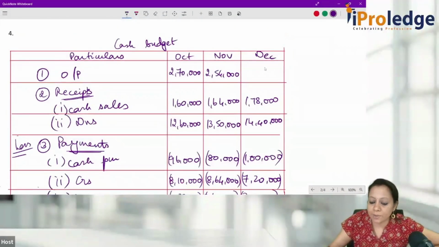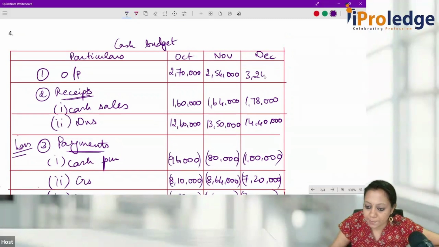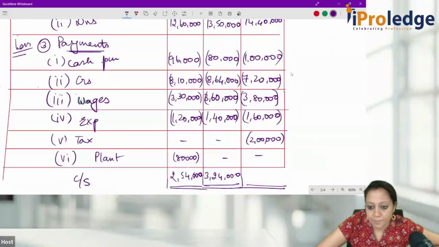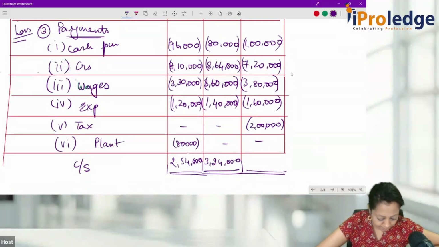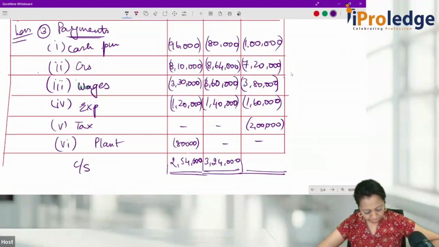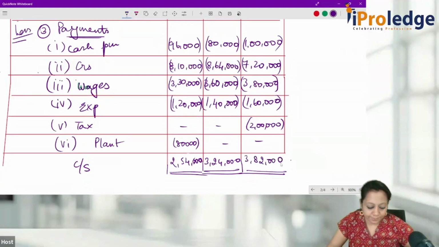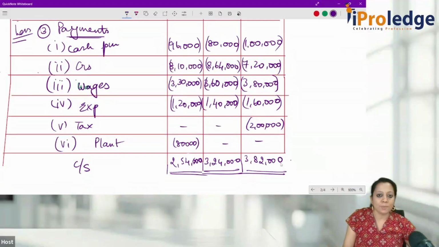So I'll go here and substitute 3,24,000. Three lakh 82. Thank you, dear. So that is the cash budget over.